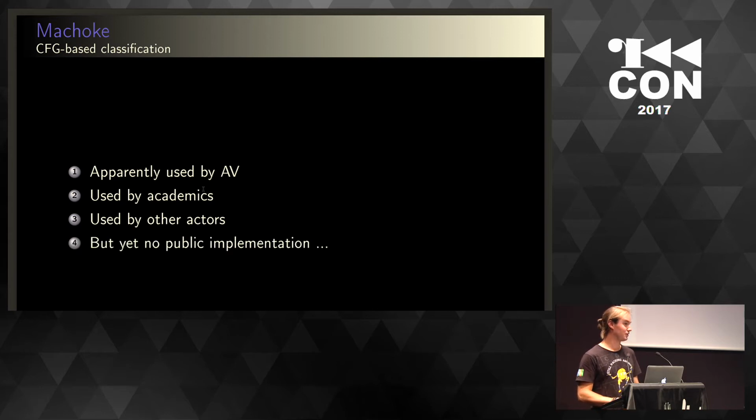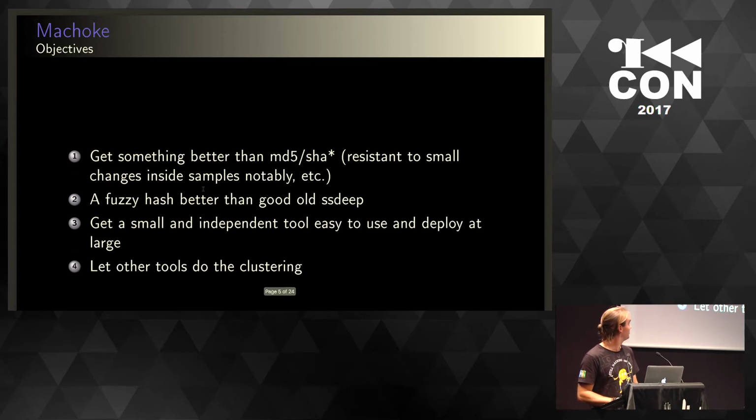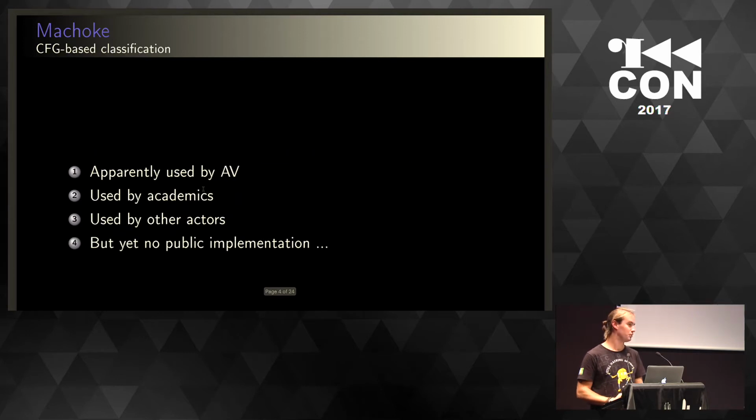Yet I couldn't find any public implementation that was very easy to use and deploy at large to classify malware. So we tried to do our own. We did find one, though, but I'll talk about it later.